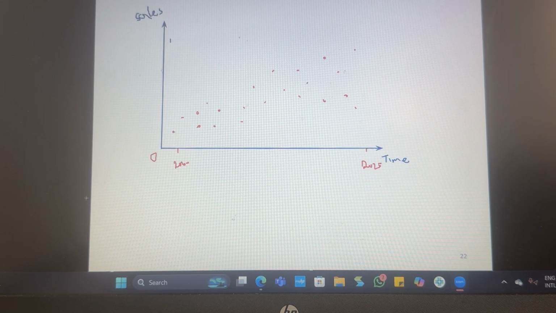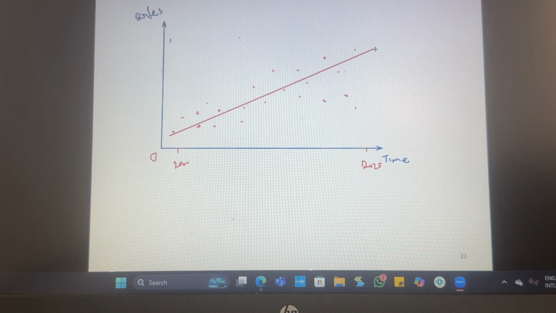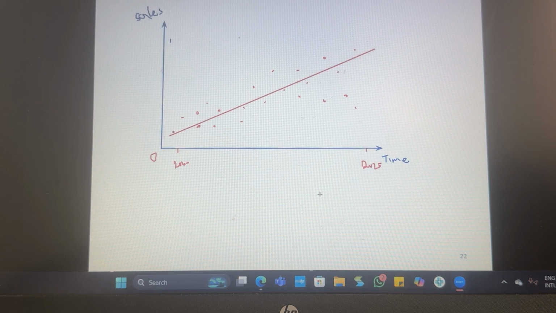If I ask you to draw a smooth line representing all these data, probably you can see this kind of pattern. What do you say? Is it reasonable?